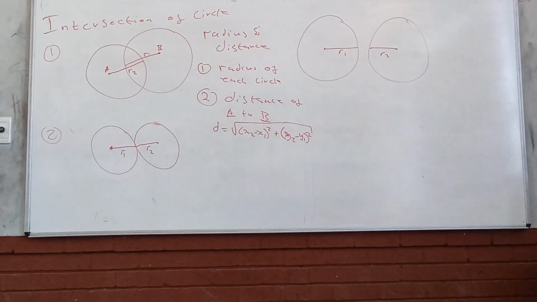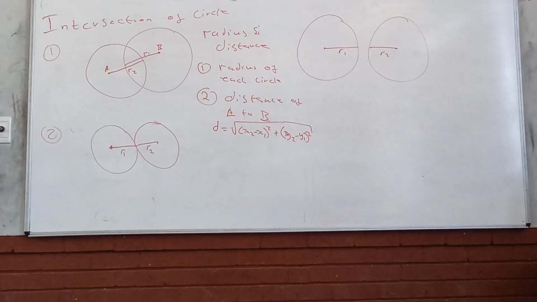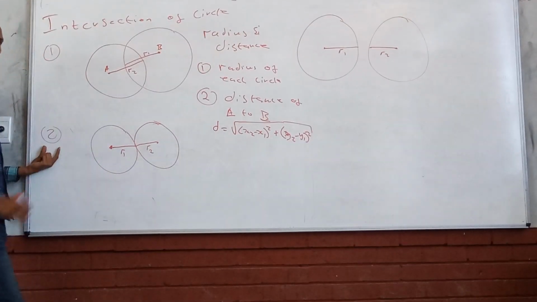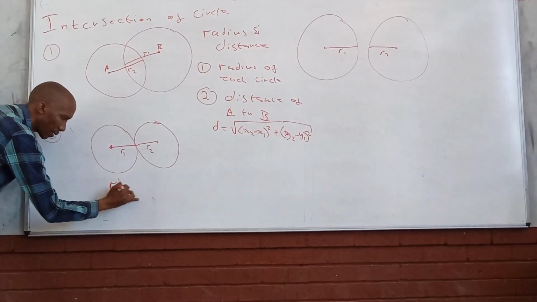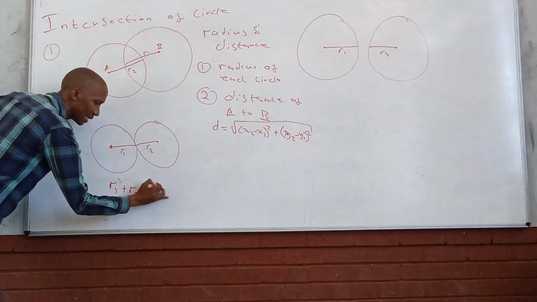Now, once you have done that, we compare the two. We compare the sum of the radii, R1 plus R2, with my distance.